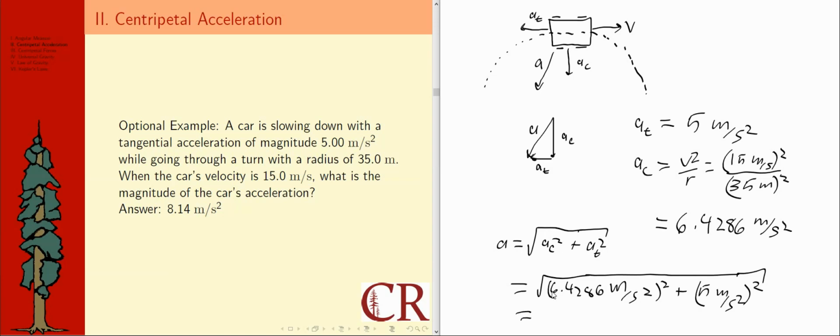And my calculator says that that's like 8.144, etc. But clearly that agrees with the answer we already see presented there, since I accidentally left it up, of 8.14 meters per second squared.